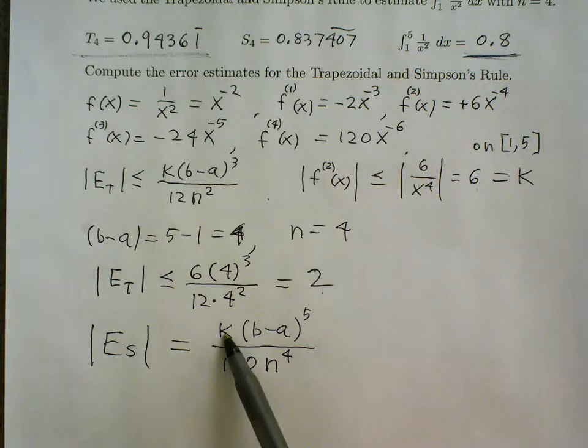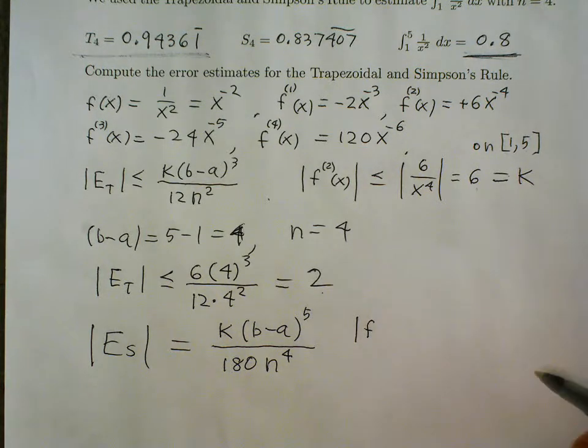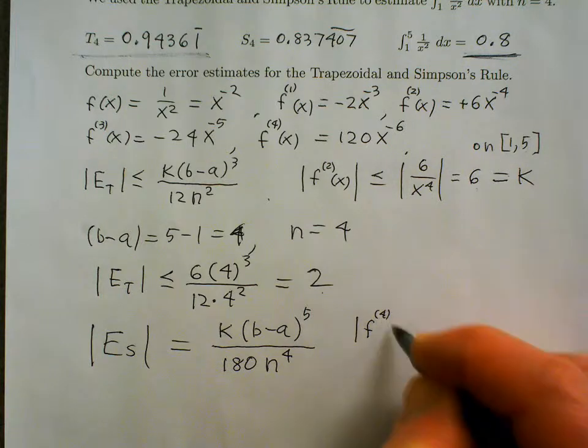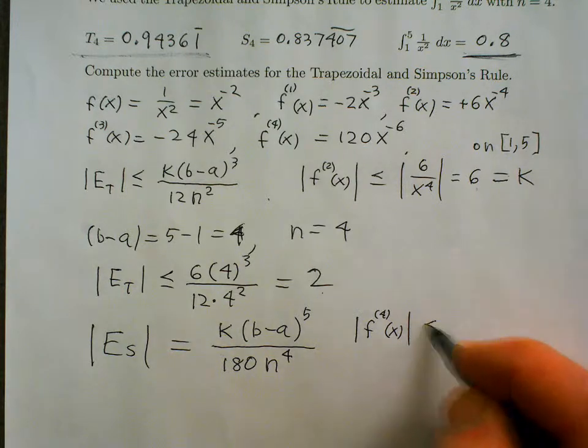And this value of k for Simpson's rule is the magnitude of the largest possible value of the 4th derivative of f. So the fourth derivative is less than or equal to k.